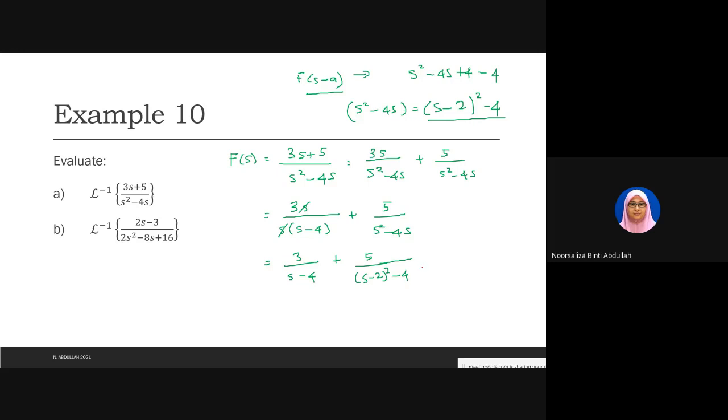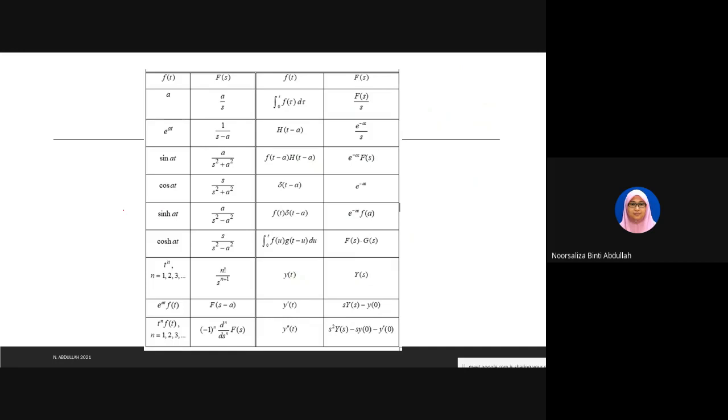So this one is actually (S minus 2) squared minus 2 squared. Right? So look here, this one is a sinh. You have A over S squared minus A squared. You cannot use cosh because on top it does not have S.